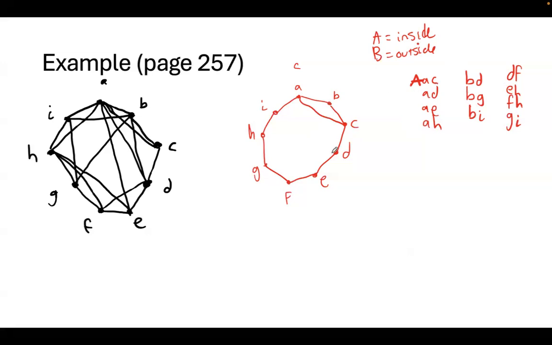BD would cross, BG would cross, BI would cross. So we can do BD, BG, and BI. So far, so good.